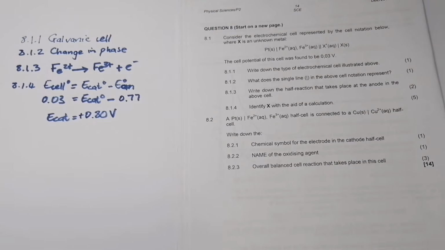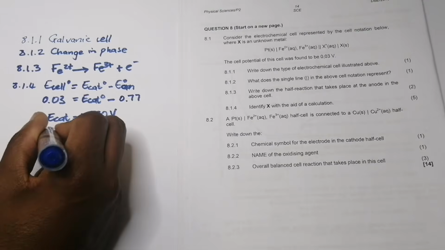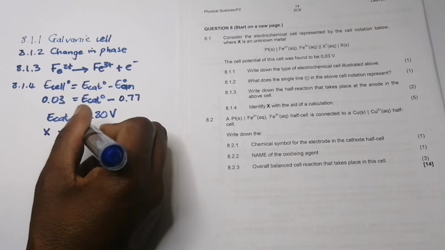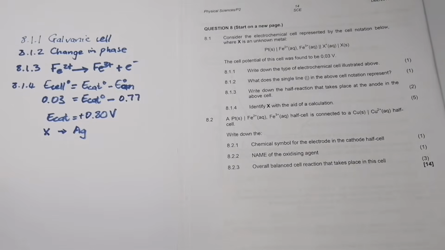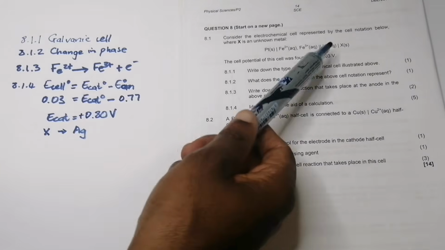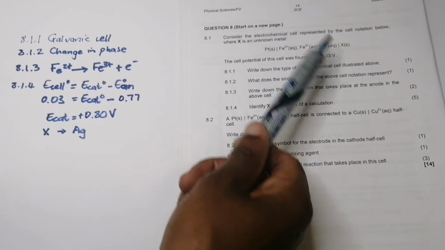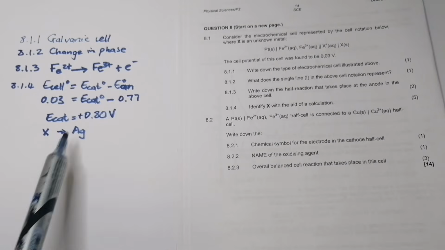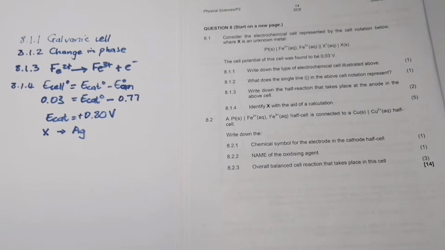So metal X is therefore the silver metal, Ag. It also makes sense because remember, silver has an oxidation state of 1+ there, so it makes sense that it should be silver.